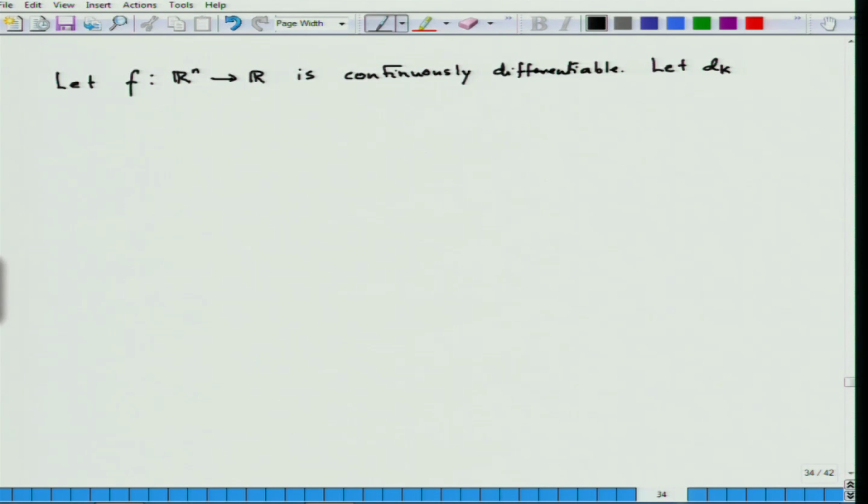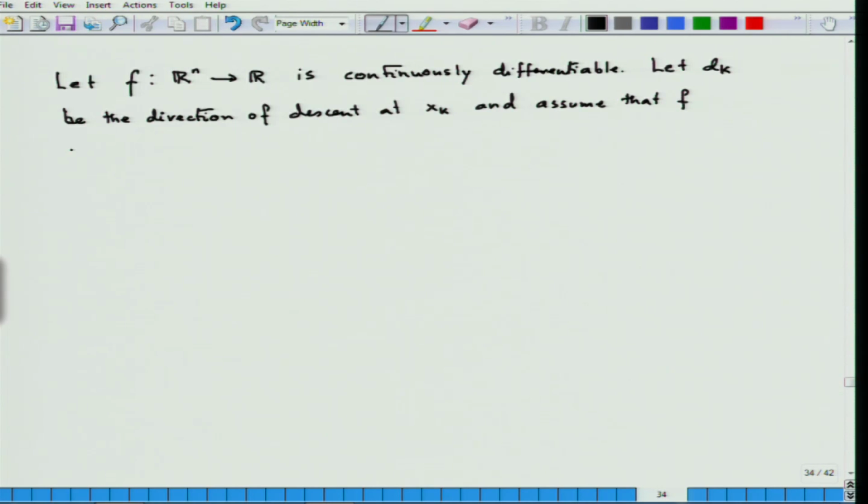Let dk be the direction of descent at xk, and assume that f is bounded below on the ray.